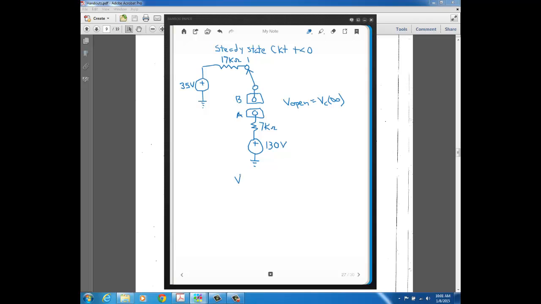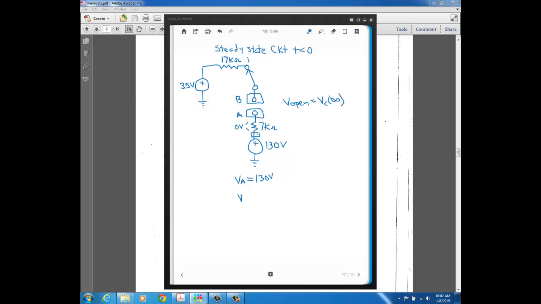So VA: we know that at this node there's 130 volts with respect to ground. Since there's no current flowing through this 7K, there's 0 volts across it, and anytime you have 0 volts across an element, the voltage is the same on both sides. So there's also 130 volts at node A with respect to ground.